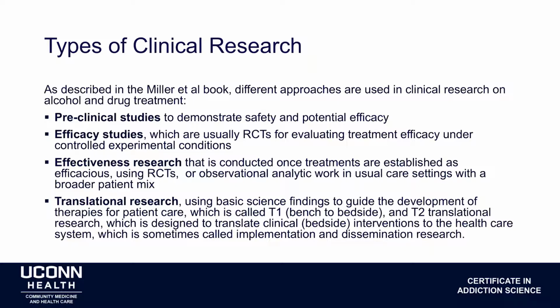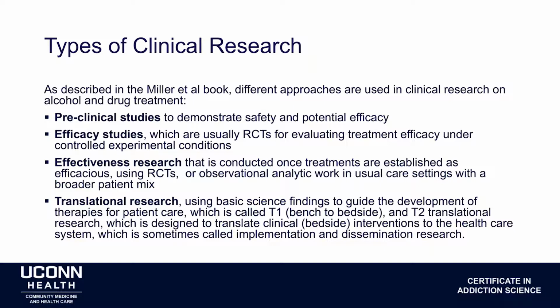Those are effectiveness studies. If we can demonstrate effectiveness in the real world, the next step is translational research. Using these basic findings, we then engage in one of two types of translational research. One is going from the bench to the bedside, and that usually means going from efficacy to effectiveness research.